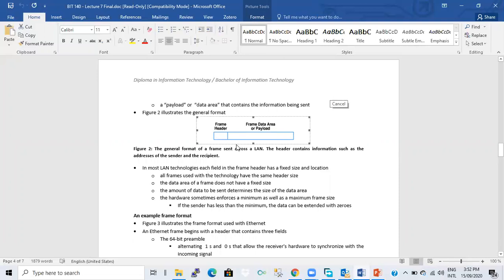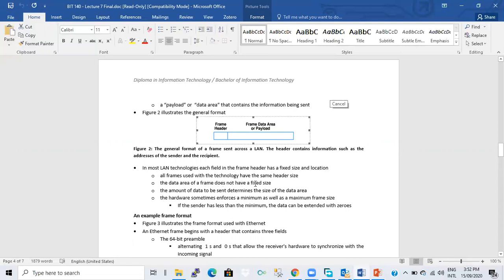In most LAN technologies, each field in a frame header has a fixed size and location. All frames used with a technology have the same header. So if your network is based on Ethernet, then all the frames will have the same header size. The data area of the frame does not have a fixed size.